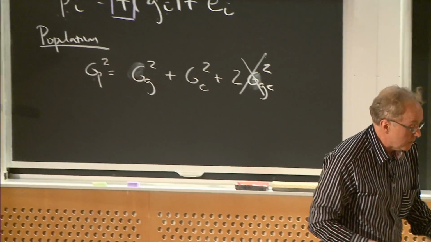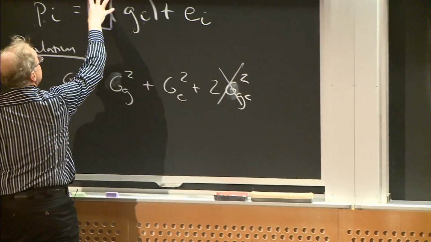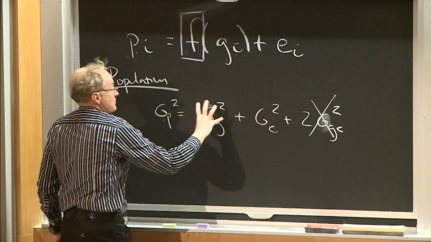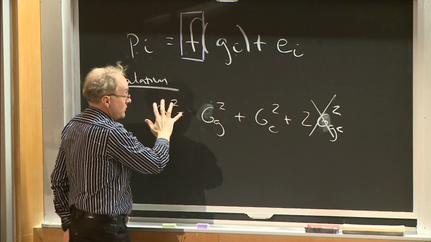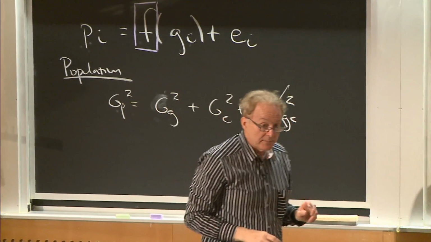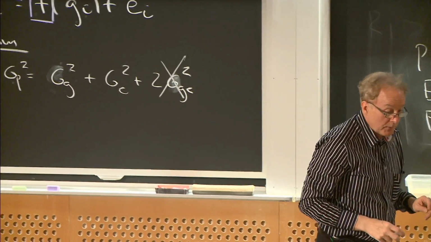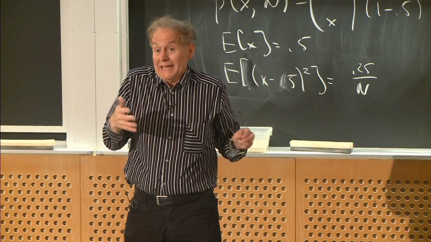And what we would like to do is to come up with a function f that best predicts the genotypic component of this equation. There's nothing we can do about environmental variance, right? But we can measure it.